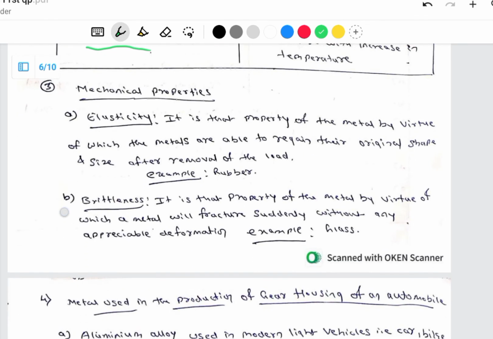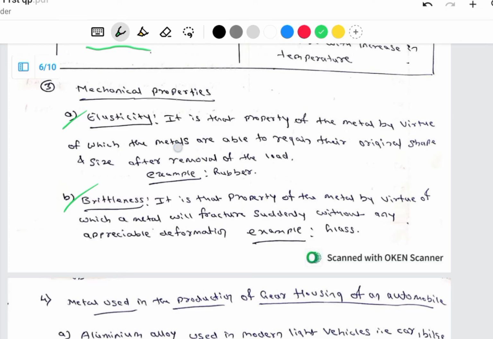So for the mechanical properties, elasticity and brittleness they have asked. Let me explain this one. There are different mechanical properties: ductility, malleability, hardness, toughness. These are the very basic and important mechanical properties.